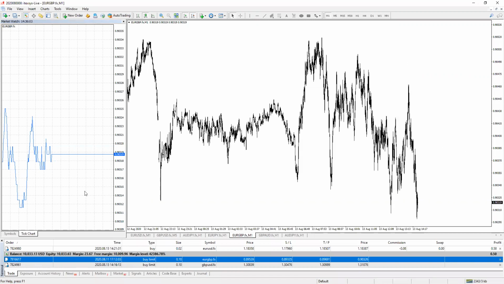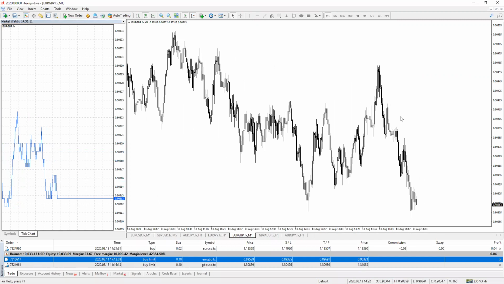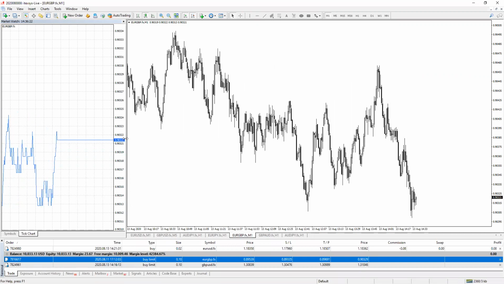Let's see. Okay, so it's still being pushed pretty much by the law of supply and demand pushing down. So I wouldn't buy it yet because we don't see any signs that a reversal is happening.